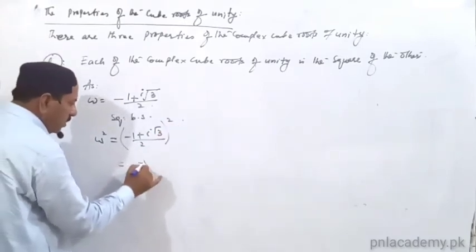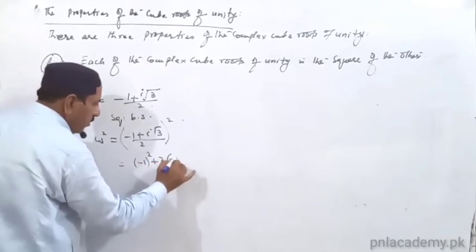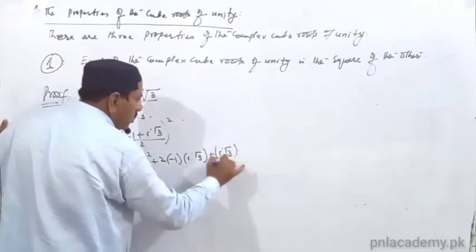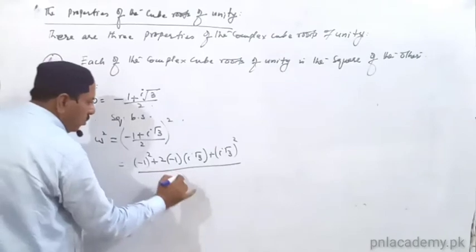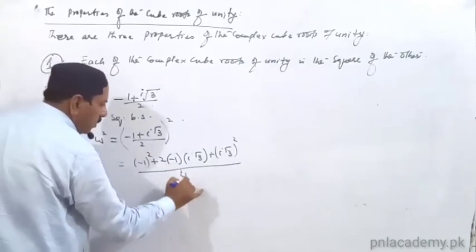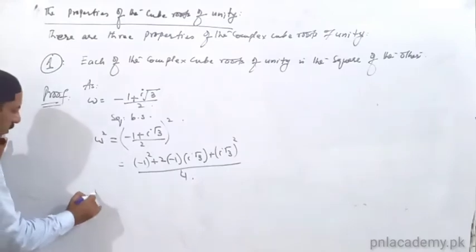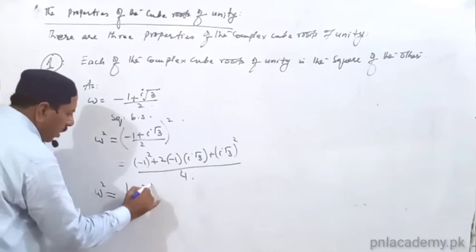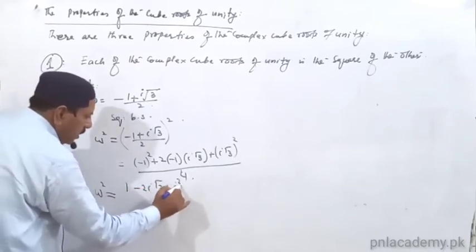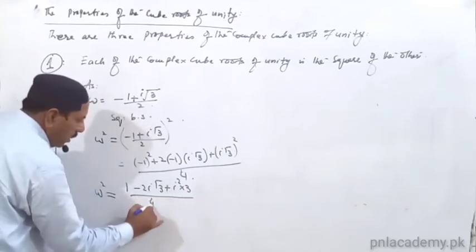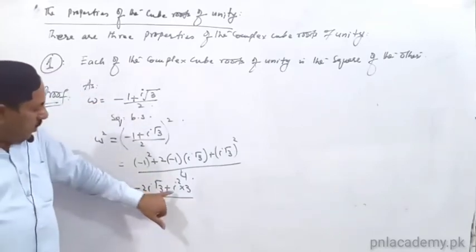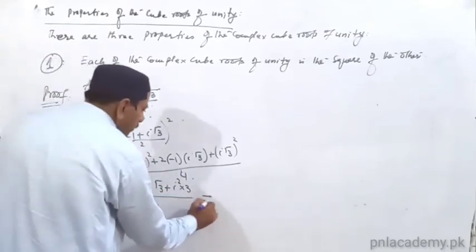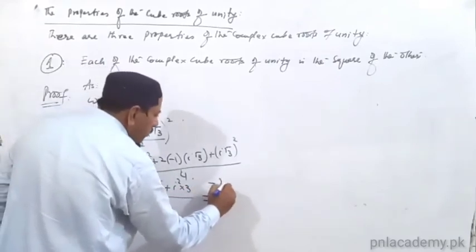By solving the square, minus 1 whole square plus twice of minus 1 and iota radical 3 plus iota radical 3 whole square, upon 2 square. The square of 2 is 4. Omega square will be 1 minus 2 iota radical 3 plus iota square into 3 upon 4. So the value of iota square is minus 1. Minus 1 into 3 means minus 3. 1 minus 3 means minus 2.